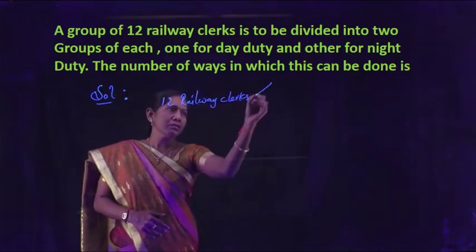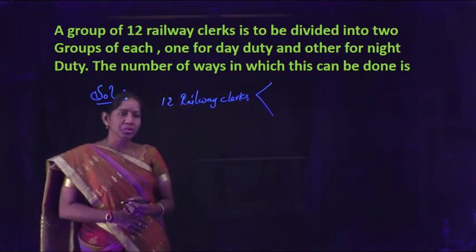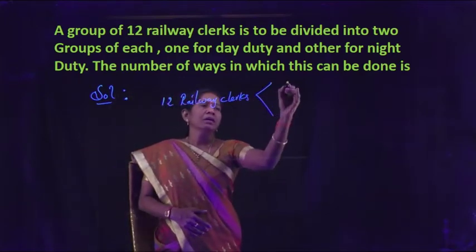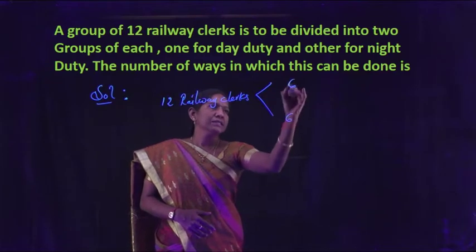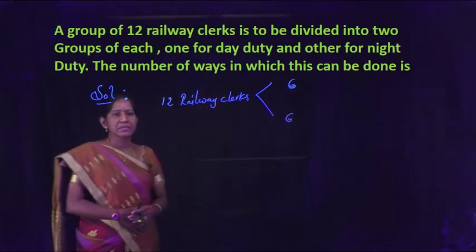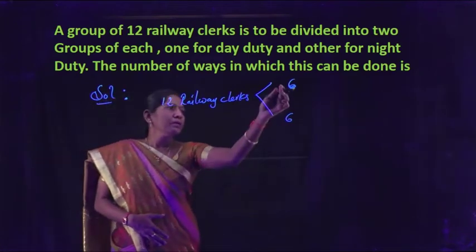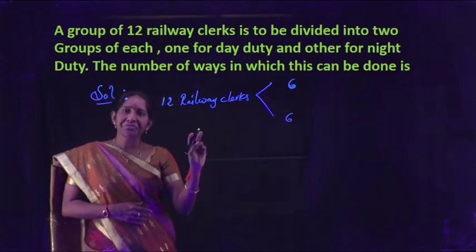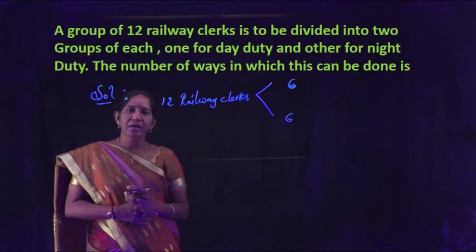These 12 can be divided into two groups, 6 and 6. The first group contains 6 members and the second group contains 6 members. These two groups are divided into one for day duty and the other for night duty.